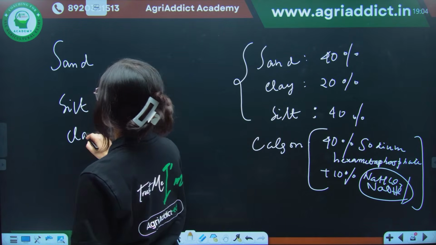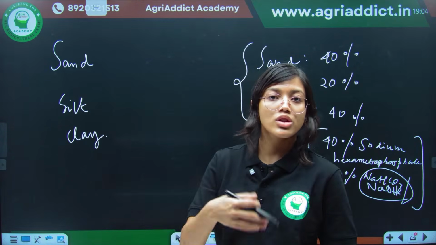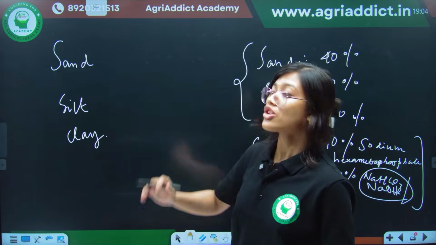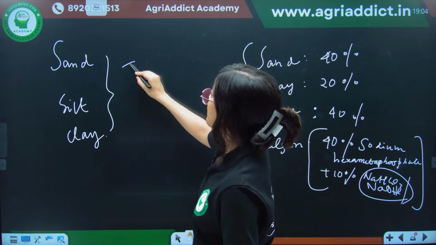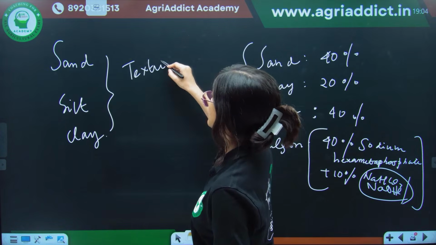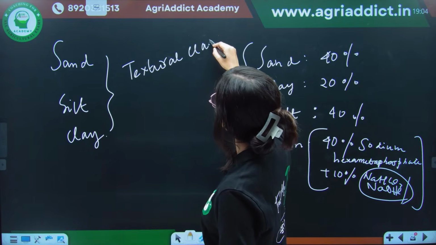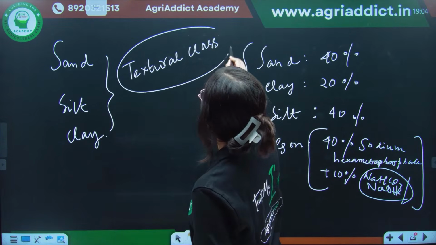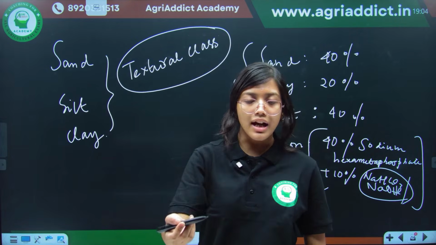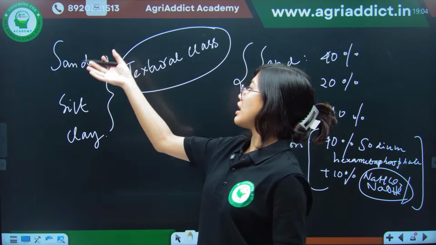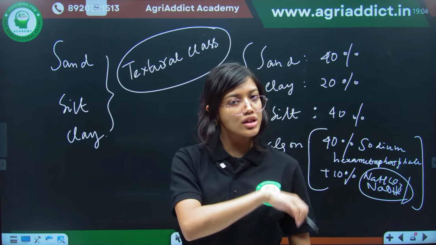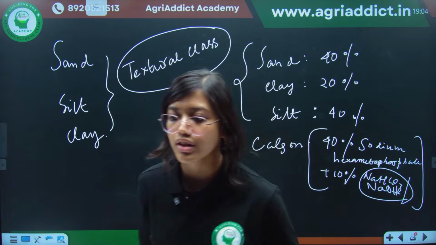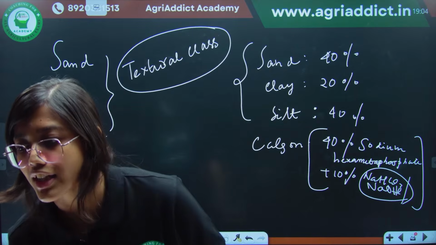These are the primary particles, but your soil is not found as such. So we have to assign them to a particular textural class, and that class will determine the dominant fraction in your soil, whether it is sandy, whether it is loam, or silty loam.